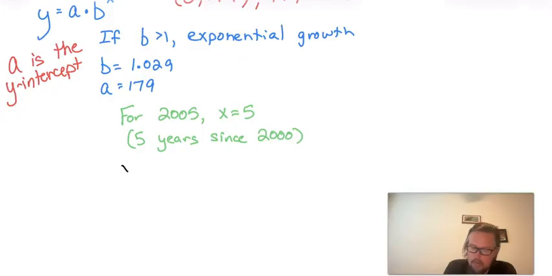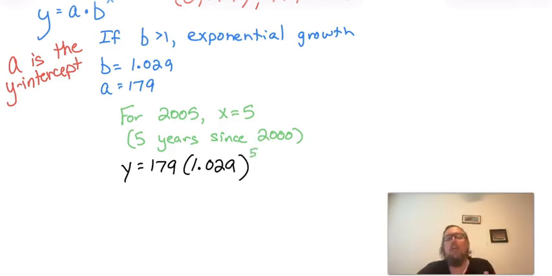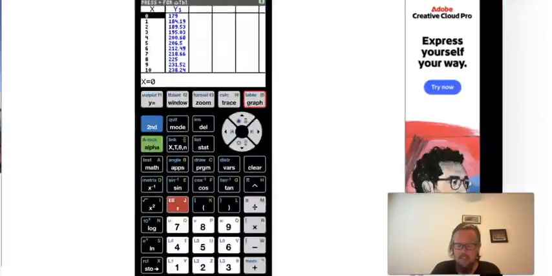We do y equals 179, and then parentheses 1.029 to the power of 5. We can type it into the calculator just like this, or since we already put it into y equals in our calculator and created our table, let's just go to our table and see where x equals 5.